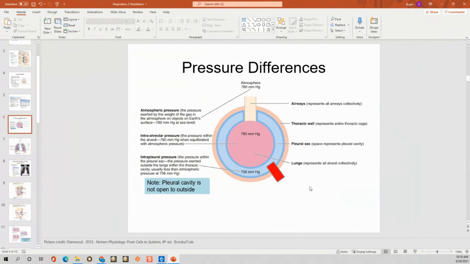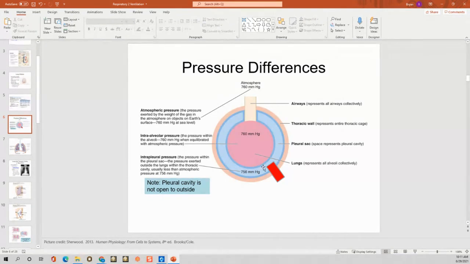What's going to happen? Where does air want to be? Yeah, well, let's be more specific. You're not wrong, Andy, but let's be even more specific than that. What's going to happen to the intrapleural pressure? Do we still have Boyle's law? Do we still have a closed system, y'all?